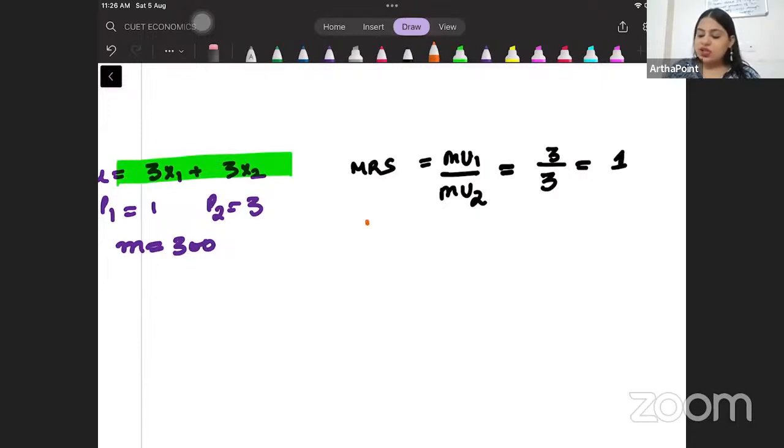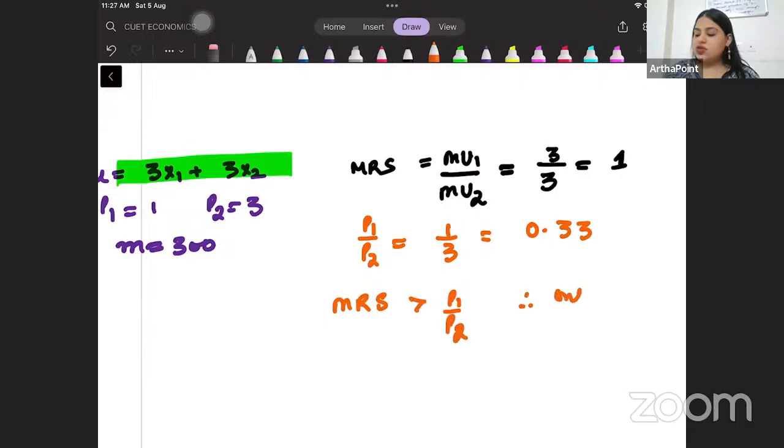But the price ratio is 1 by 3, that is 0.33. MRS is greater than the price ratio, therefore you will consume only good 1.